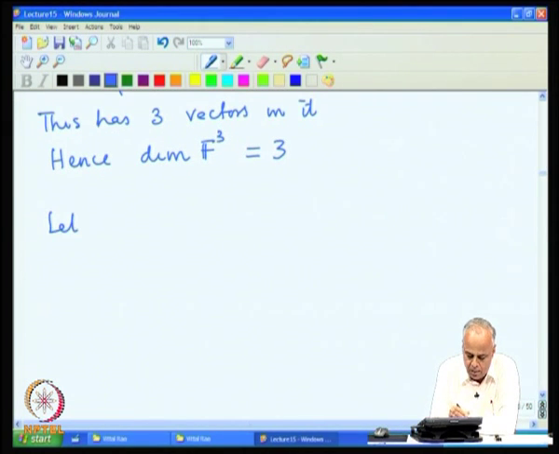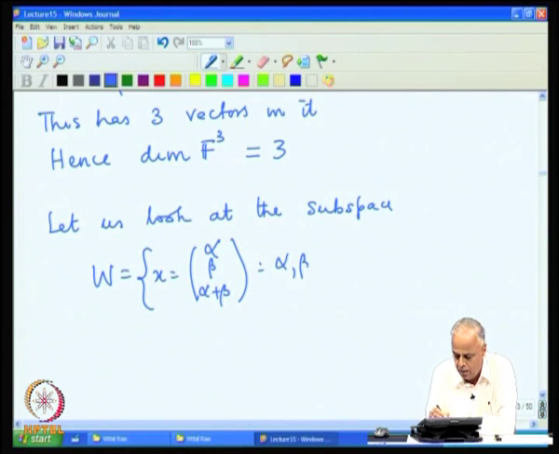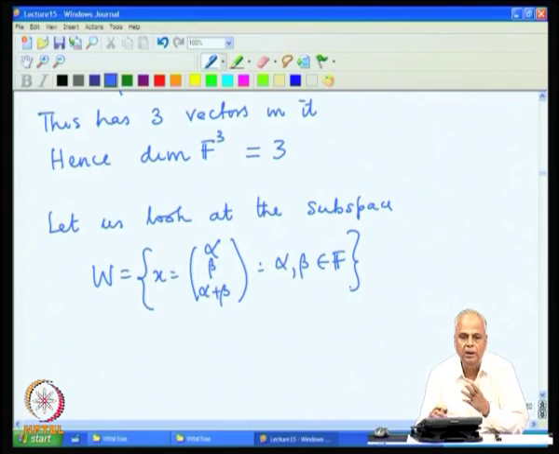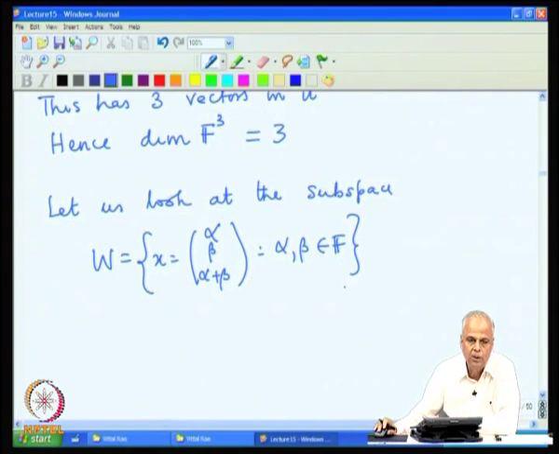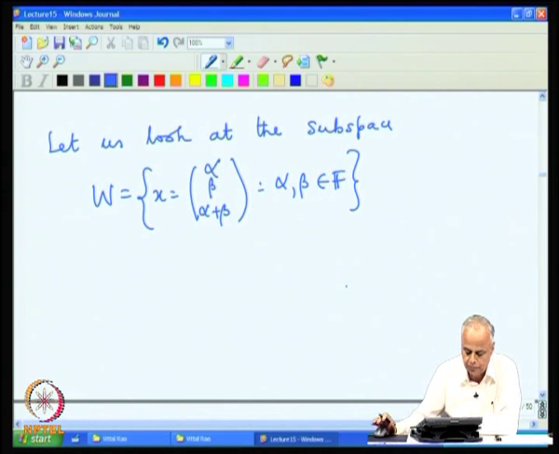Let us look at the subspace W consisting of all those vectors which are of the form (alpha, beta, alpha plus beta), where alpha, beta are in F. This is the collection of all those vectors whose third entry is the sum of the first 2 entries.